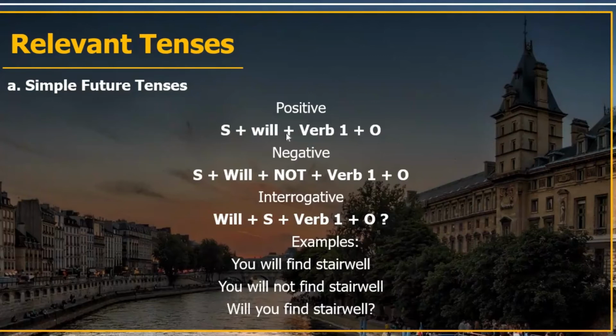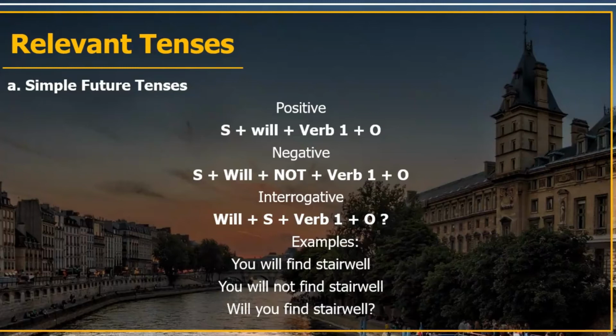So these are several relevant tenses in the descriptive text. The first one is simple future tense. The simple future tense is a tense used for showing an upcoming event or something that will occur in the future.